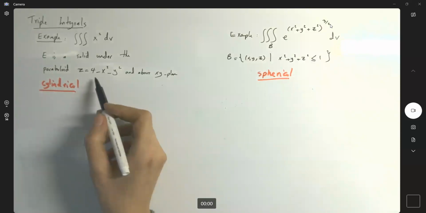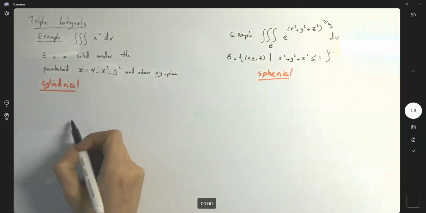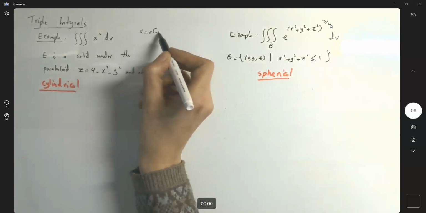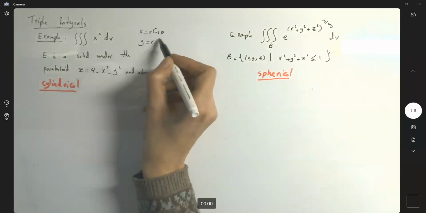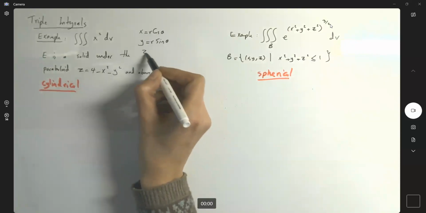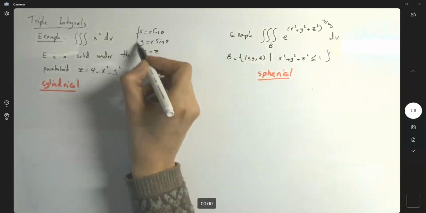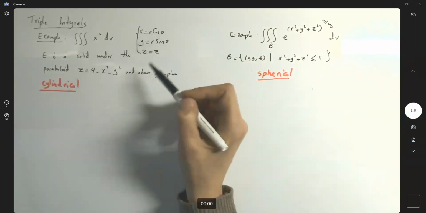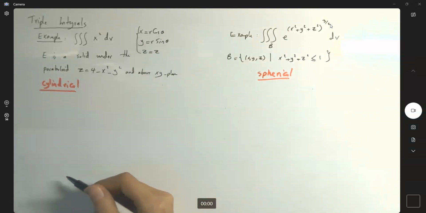In the cylindrical coordinate system, remember that x was defined as r cosine theta, y was defined as r sine theta, and z was defined as z. Our job is to identify what theta is and what the boundaries for r are.